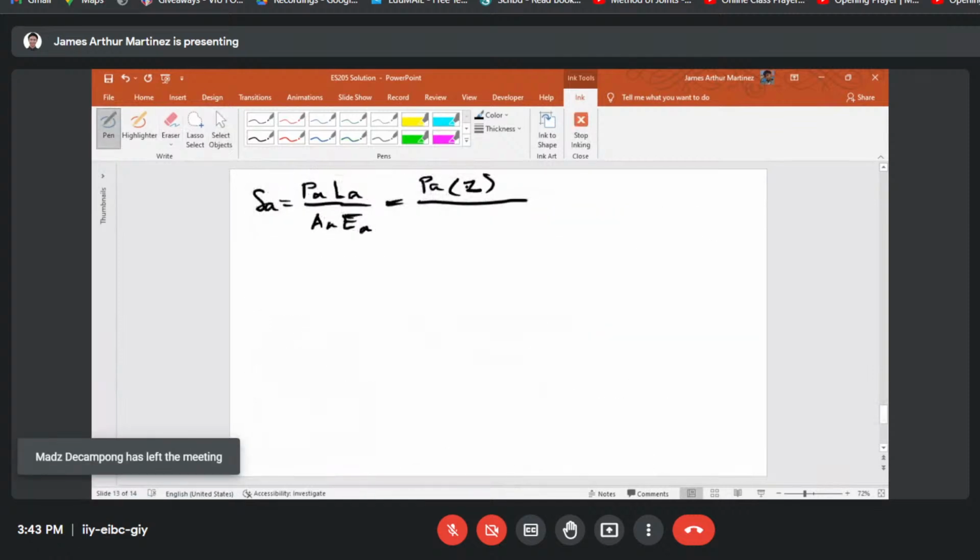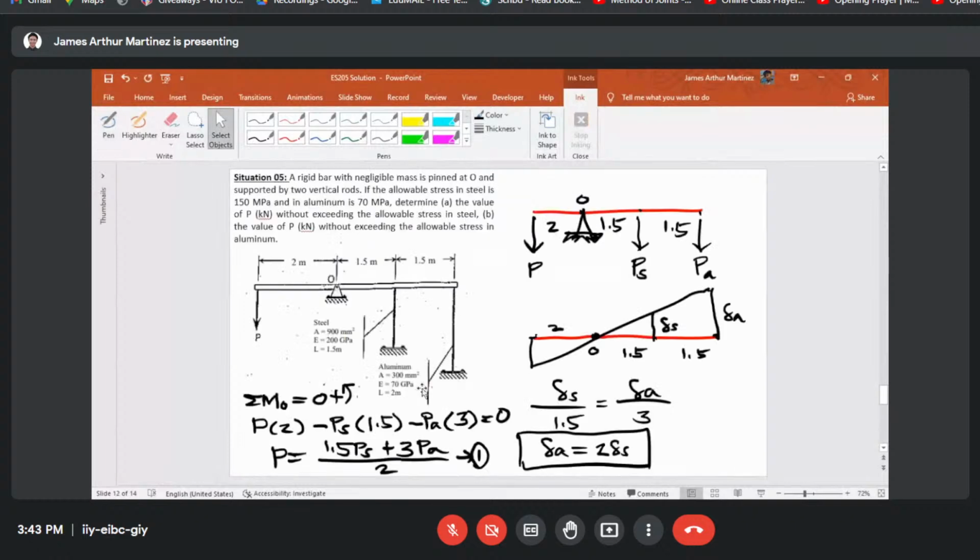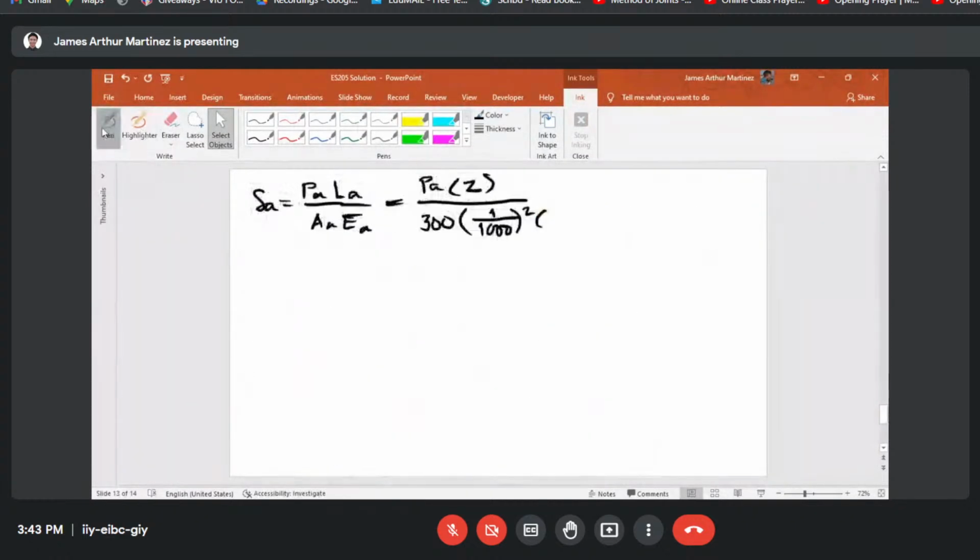Since this is in meters, we convert 300 millimeters squared into square meters. The conversion factor is just 1 over 1,000 squared, times the modulus of elasticity of aluminum, 70 gigapascal, so 70 times 10 to the power of 9.